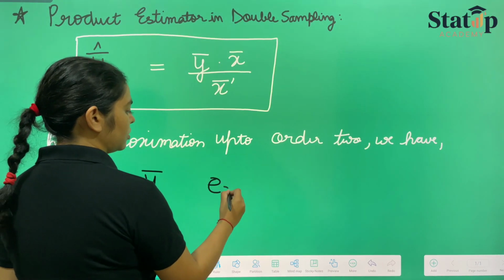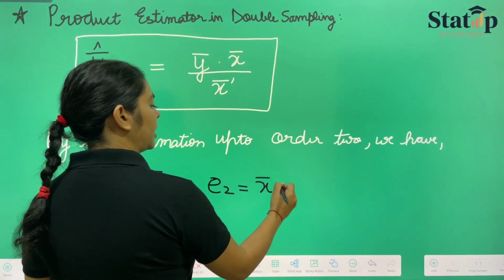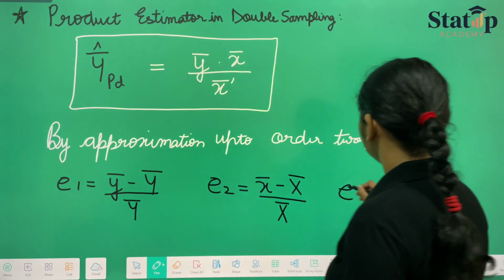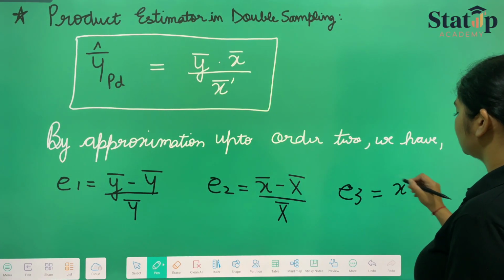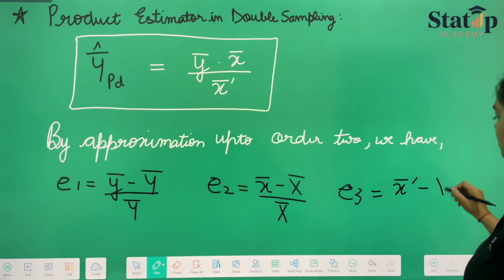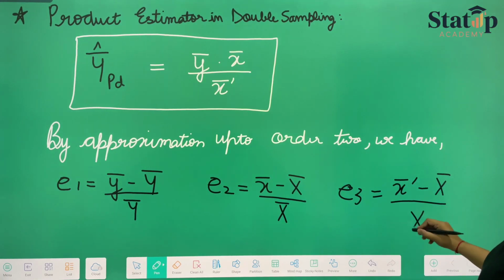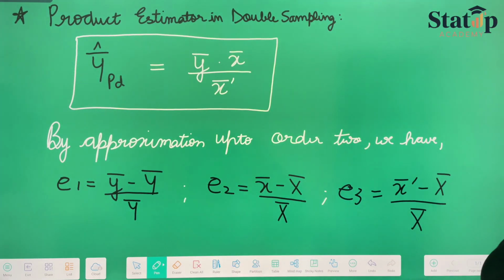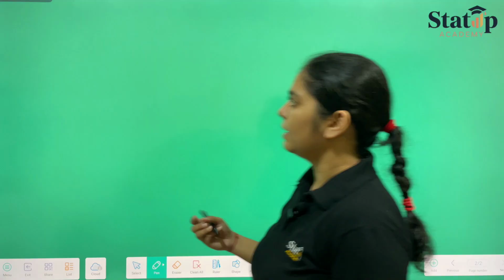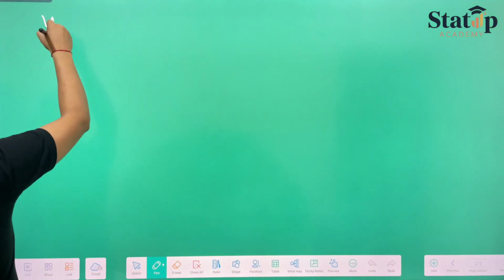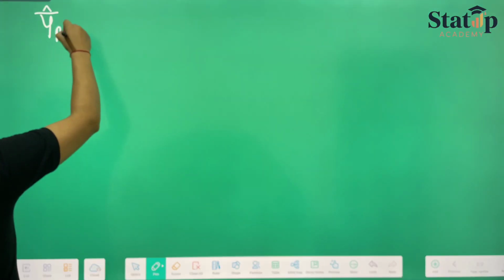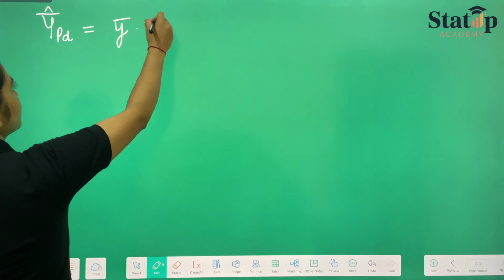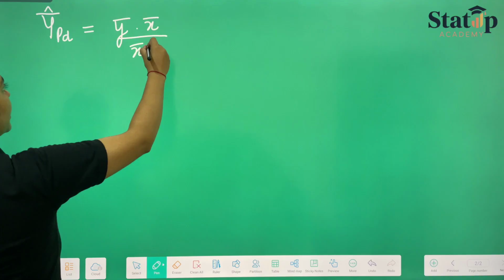E2 is X bar minus capital X bar upon capital X bar. And E3 is X bar dash, X bar prime, minus capital X bar upon capital X bar. Let us consider these. So when we put all the values, the product estimator of double sampling is Y bar PD, which is Y bar into X bar upon X bar prime.